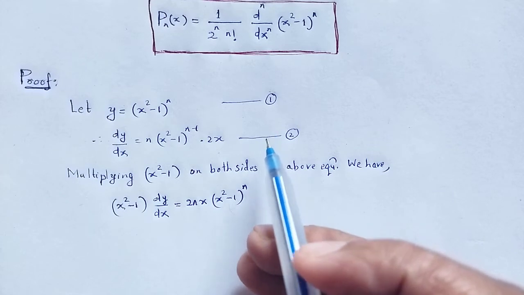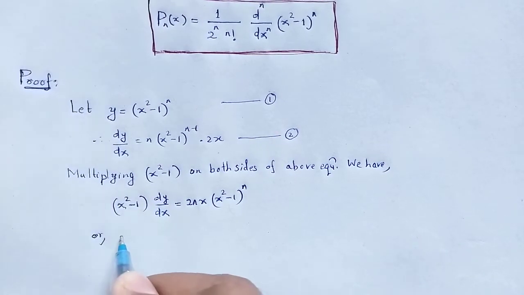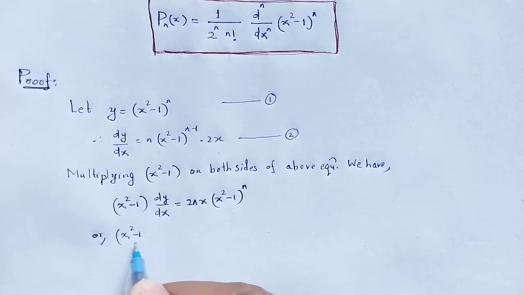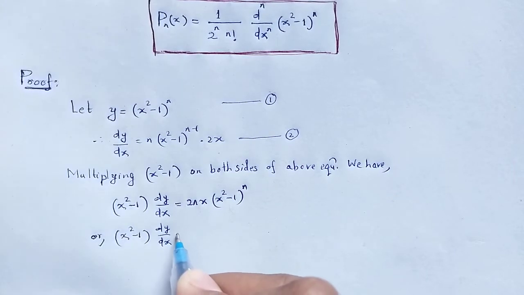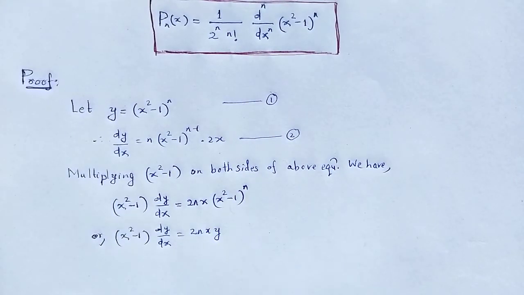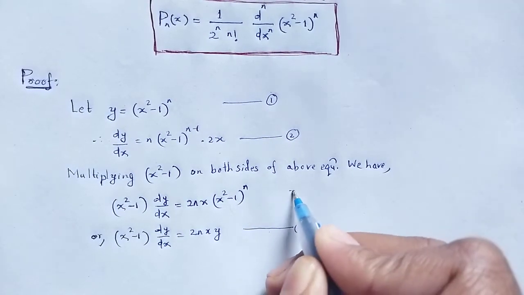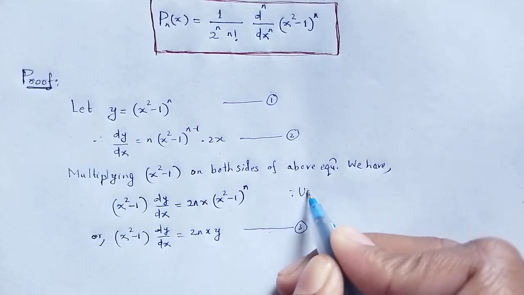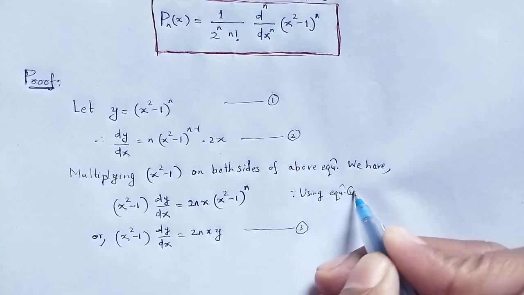Using equation 1, that can be written as (x square minus 1) dy by dx is equal to 2nxy, that is equation number 3. Here we are using equation number 1.